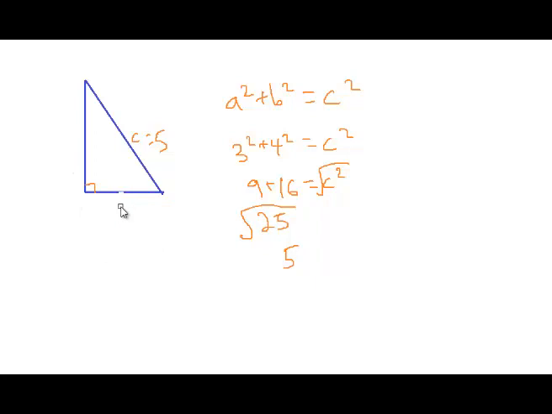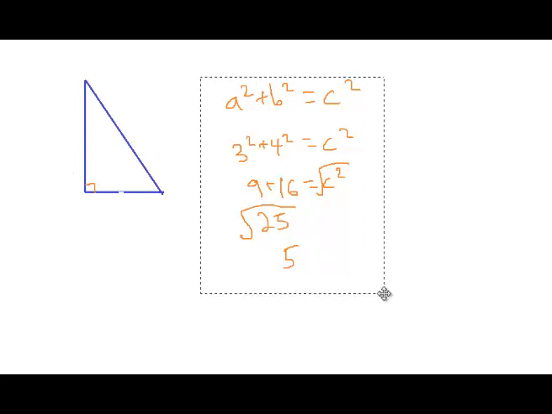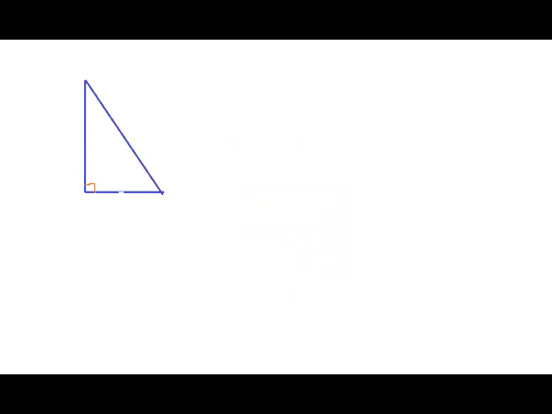Let's say you have, all right, let's get rid of this over here. So let's say this side is 8 and this side is 17. And you want to know what this side is. Again, A squared plus B squared equals C squared, where C is the hypotenuse.